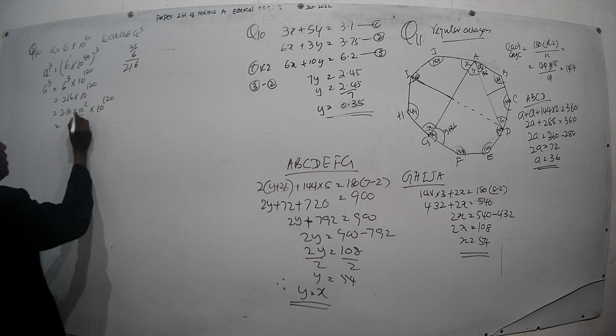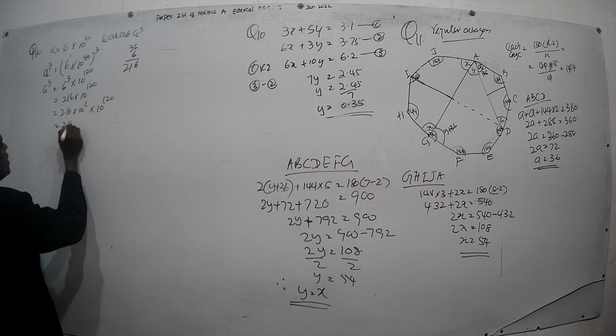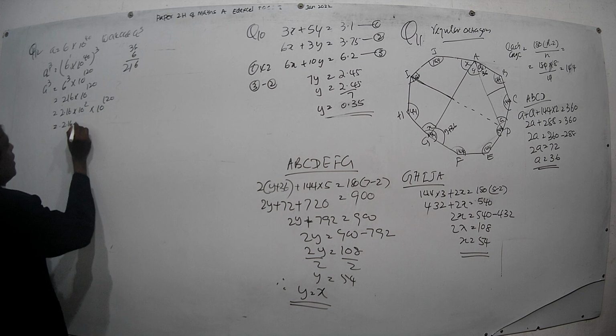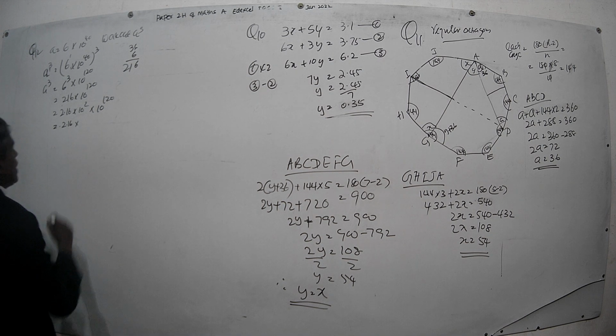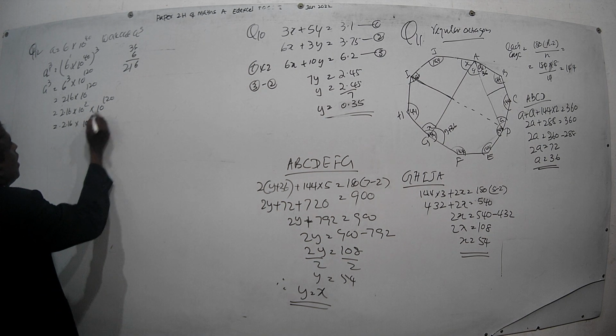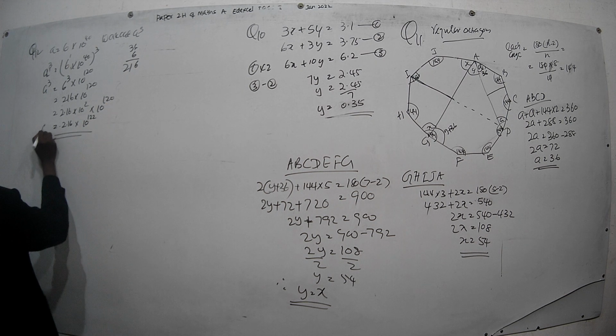Then 2.16 comes as it is, and the powers are added when the bases are the same, so 120 plus 2 means 122. Okay, that is the answer, A to the power 3.